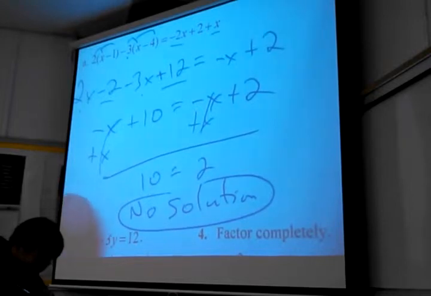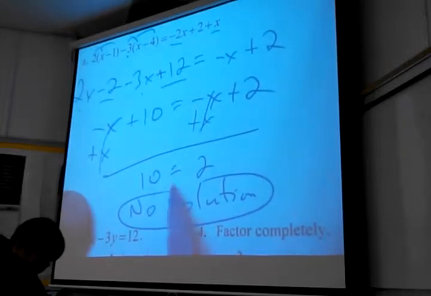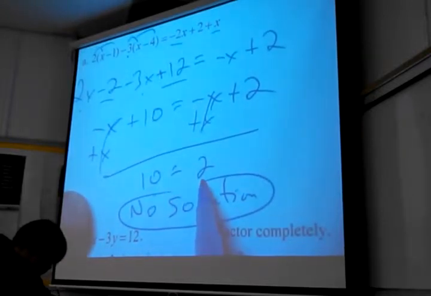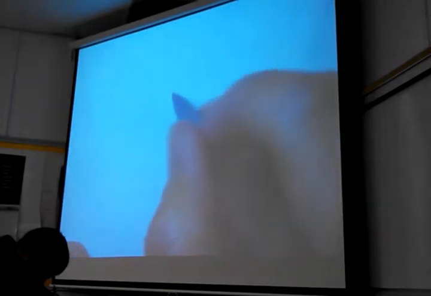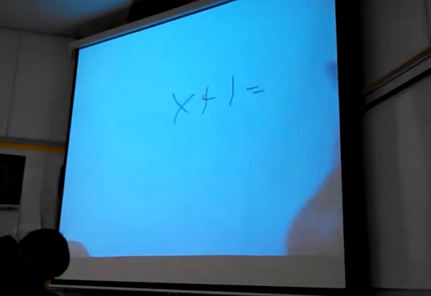All right? How are we doing? If I would have gotten 10 equals 10, it would have meant what? All real numbers. Because if it's always true, then my equation is always true. So when I solve a normal equation, subtract 1, x equals 2.